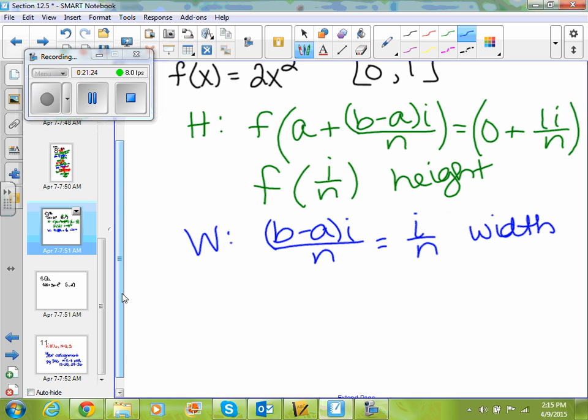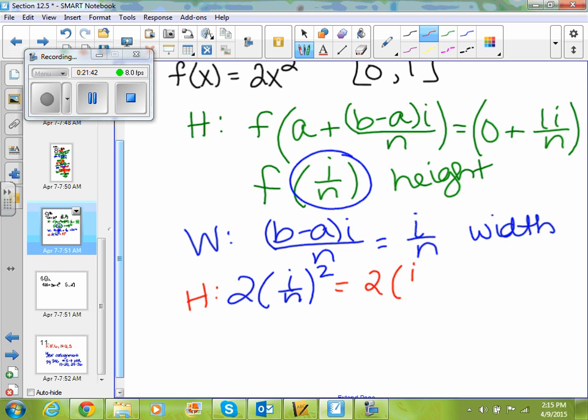Alright, so if I plug in i over n into my function, then that'll give me f of i over n. So I actually have 2 times i over n squared. So that just becomes 2 times i squared over n squared. So 2i squared over n squared.